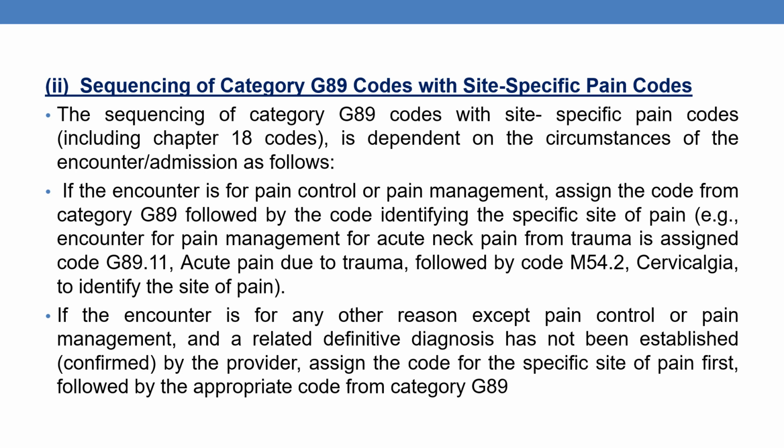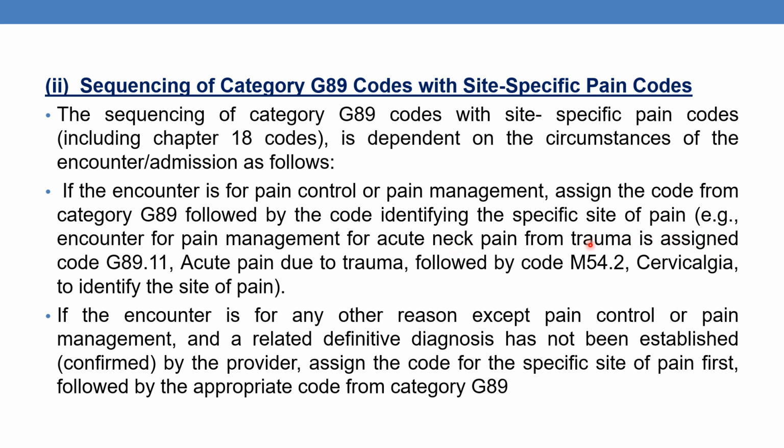And coming to the sequencing of category G89 codes with site-specific codes, it is dependent on the circumstance of the encounter or admission as follows. If the encounter is for pain control or pain management, assign the code from the category G89 as PDX, followed by a code identifying the specific site.